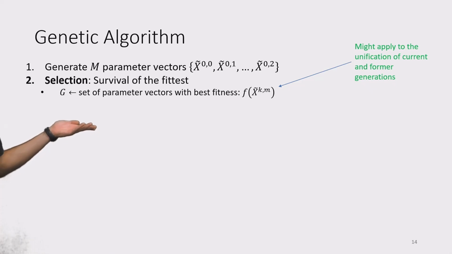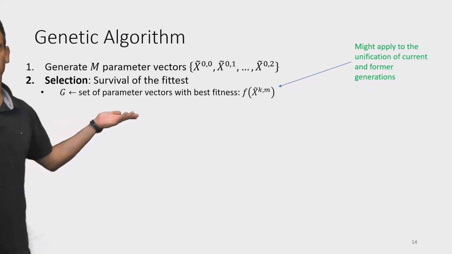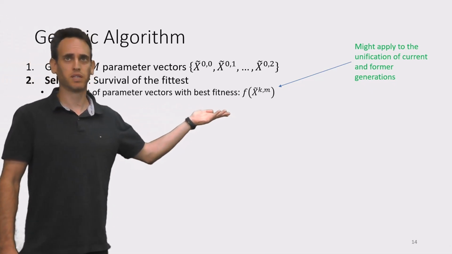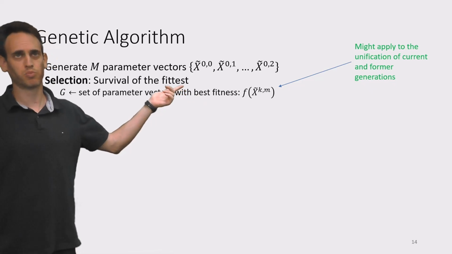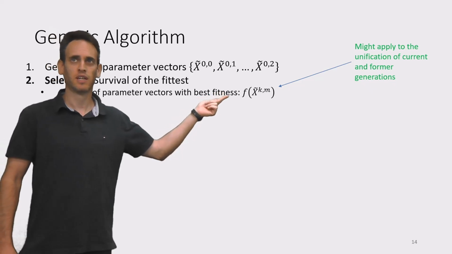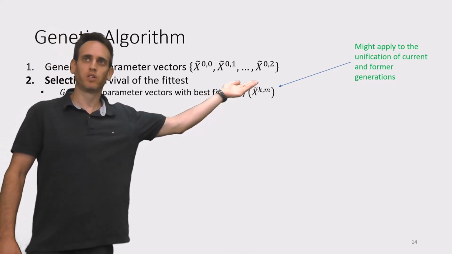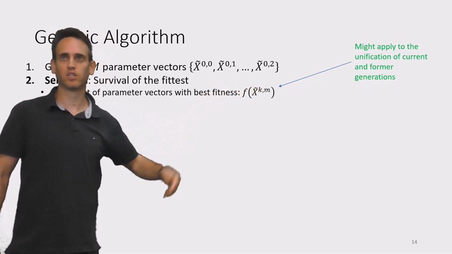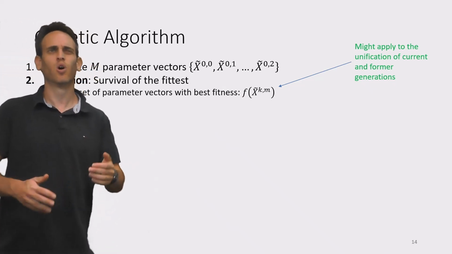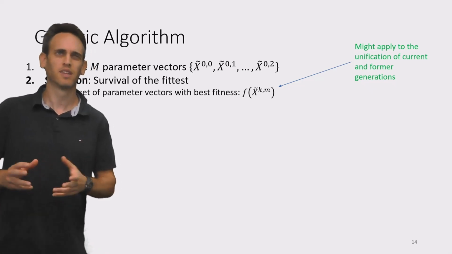So next we're going to set the parameter vector with the best fitness. And this also might apply to the best fitness out of the previous generation. In some cases we consider just the previous generation, but in many cases we also consider all of the previous generations, or just the two last generations. There are many variants.